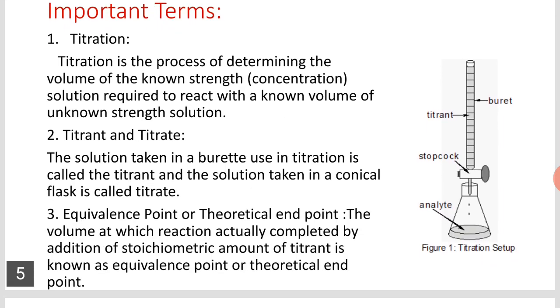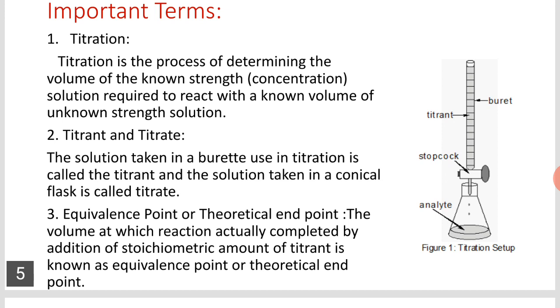Before starting with volumetric analysis, let's discuss some terms which we generally use during its study. The first term is titration. You might have gone through titration in 12th standard. Titration is the process of determining the volume of a known strength solution which is required to react with a known volume of an unknown strength solution.